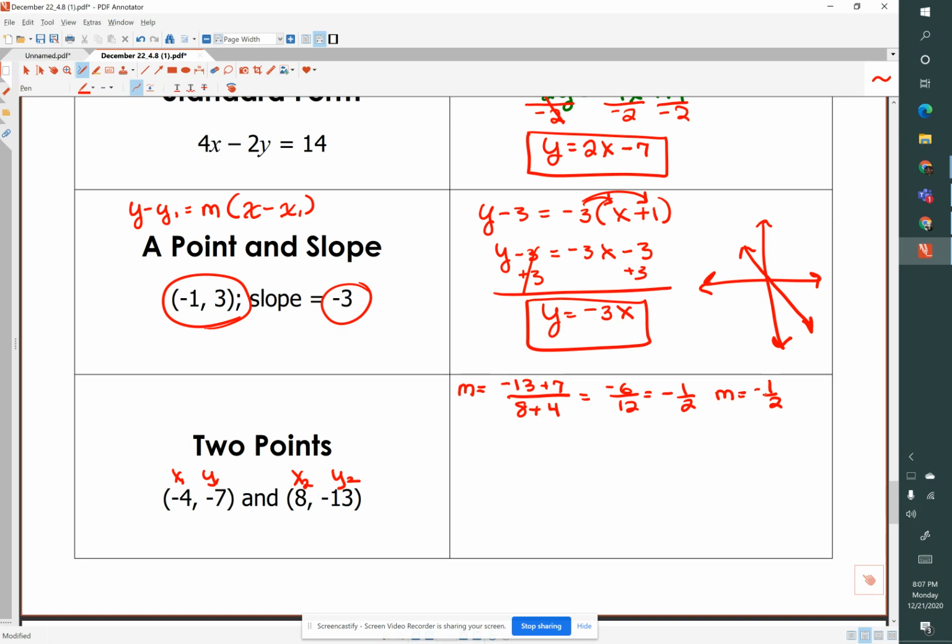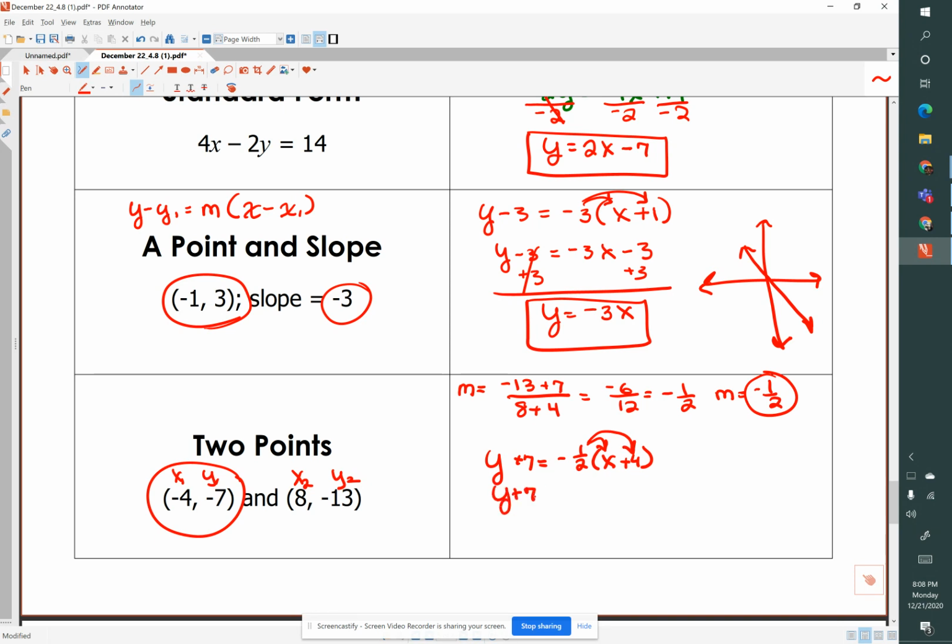Now we'll use the point slope formula with the slope and this first point. So y minus -7 is y plus 7 equals -1/2 times x minus -4, which is +4. We'll distribute the 1/2 through.